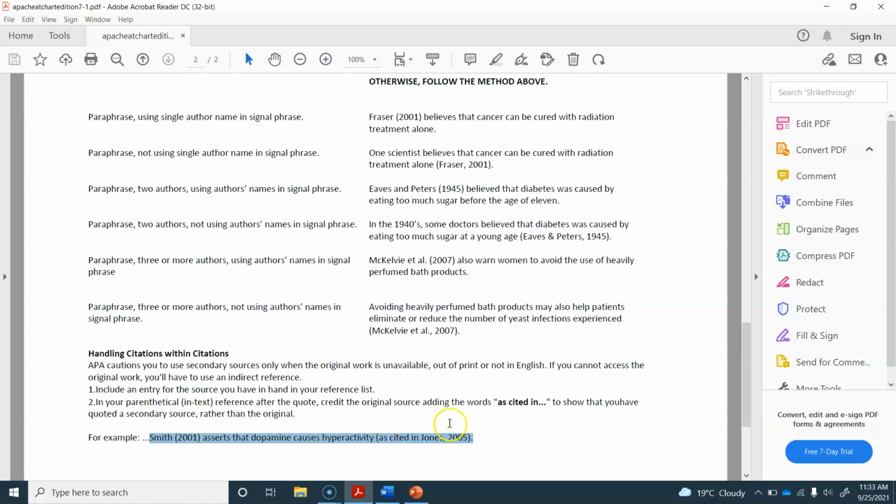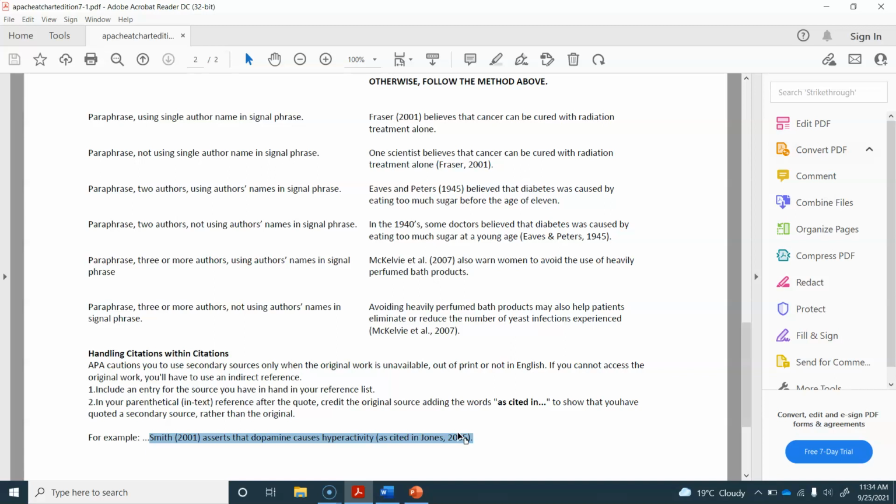Then I'm going to say, as cited in Jones, comma, then the year of publication. So I always use the earliest one as my original, and then I say where I saw it. So I actually saw what Smith had to say in Jones, and Jones published in 2005. That's just an extra wrinkle, I guess, to make things a little more complicated as you're working.